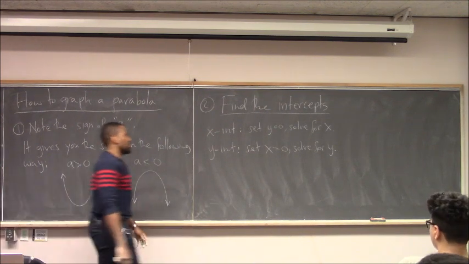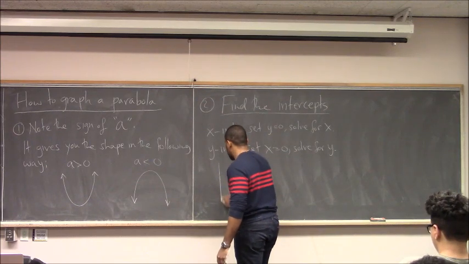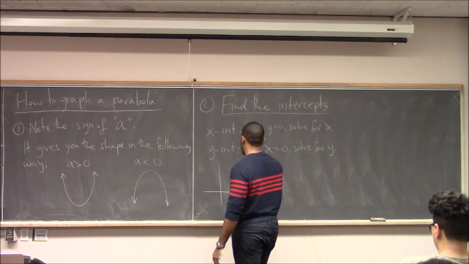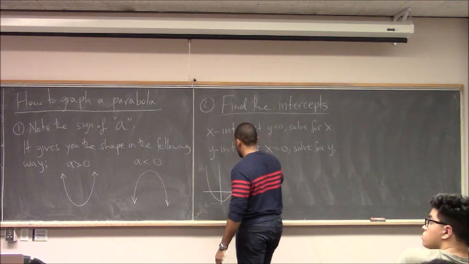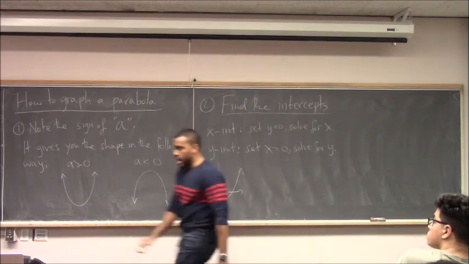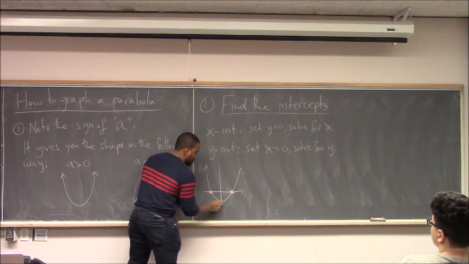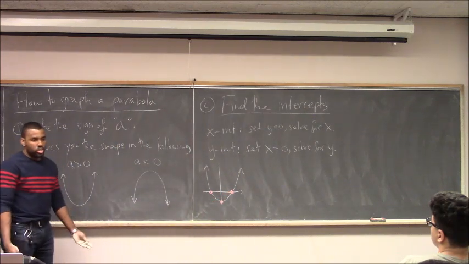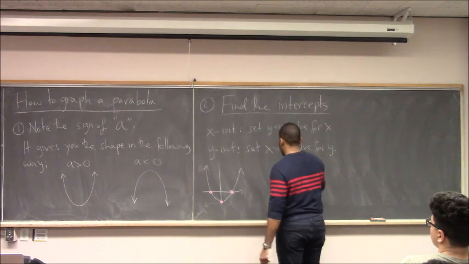So let's talk about some examples here. Let's say your graph looks like this. Then it means by finding the intercepts, you would have located this point and that point, right? So you get 3 points. You could have a situation where your graph does something like this.